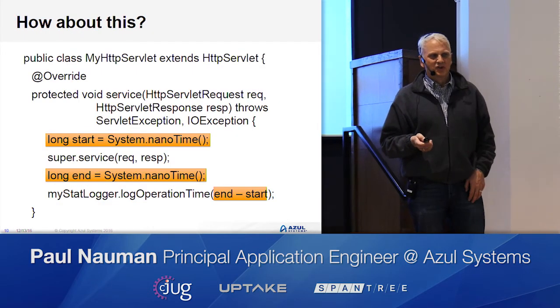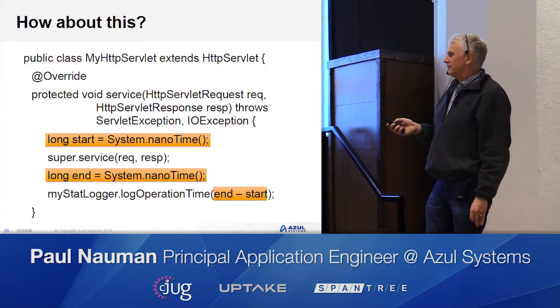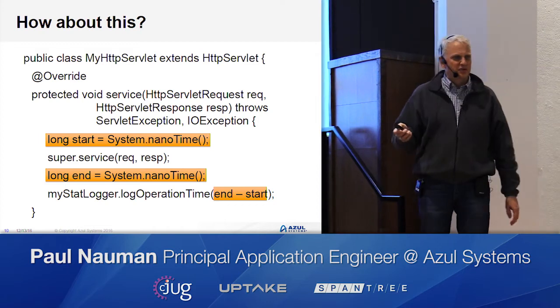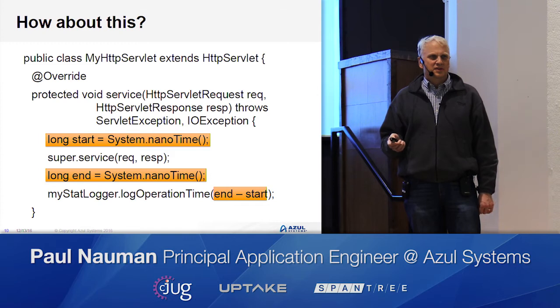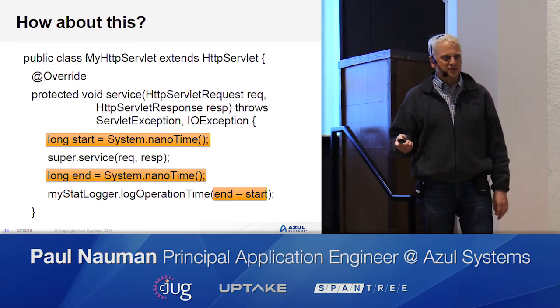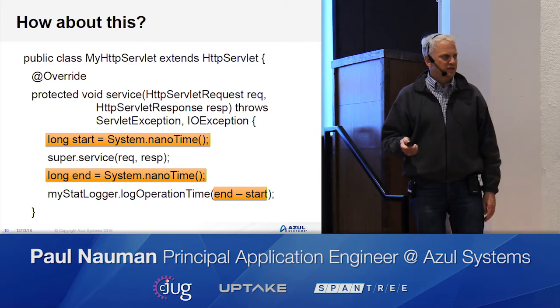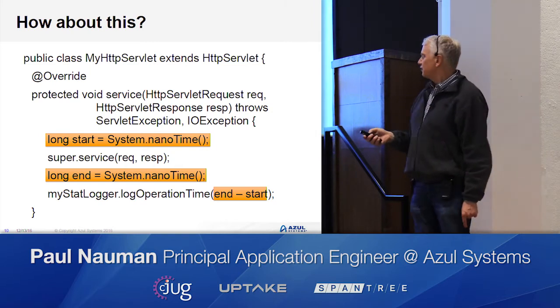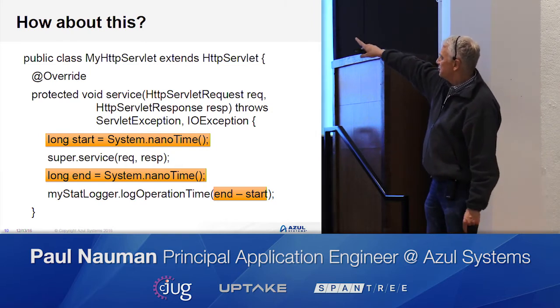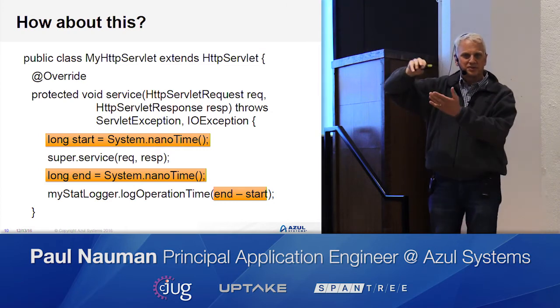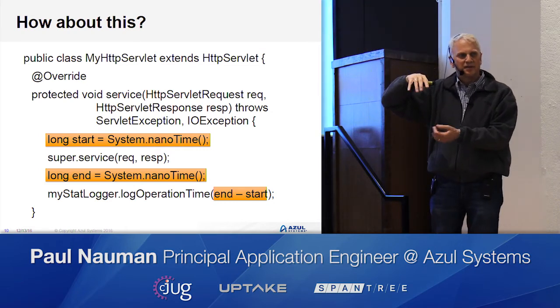This is a more internal kind of test. So this should look pretty familiar. This is the standard HTTP servlet API that's part of Java EE servlet containers everywhere. So basically, HTTP requests will come in. They'll come through this service method.